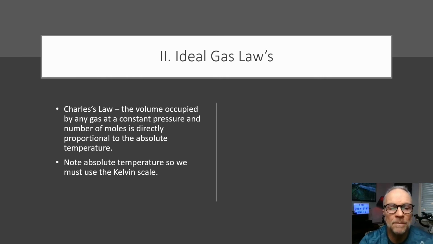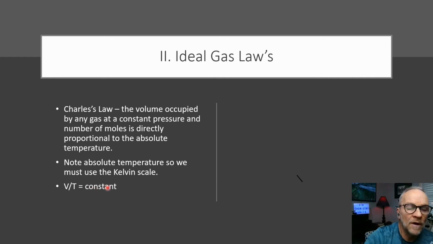Note the absolute temperature, so we must use the Kelvin scale. That is an important note to make here. So you might want to underline or highlight this absolute temperature variable. That means we have to use the Kelvin scale when we do our calculations. V over T is equal to a constant.